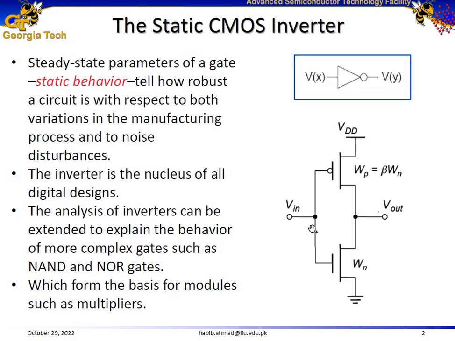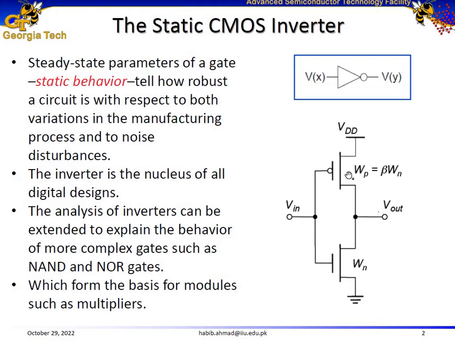If the input is low, is the PMOS going to be on, or is the NMOS going to be on? If the input is low, the PMOS is going to be conducting, right?